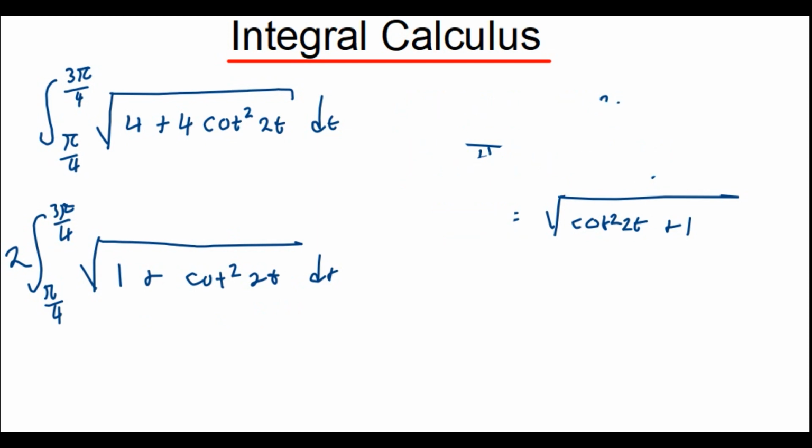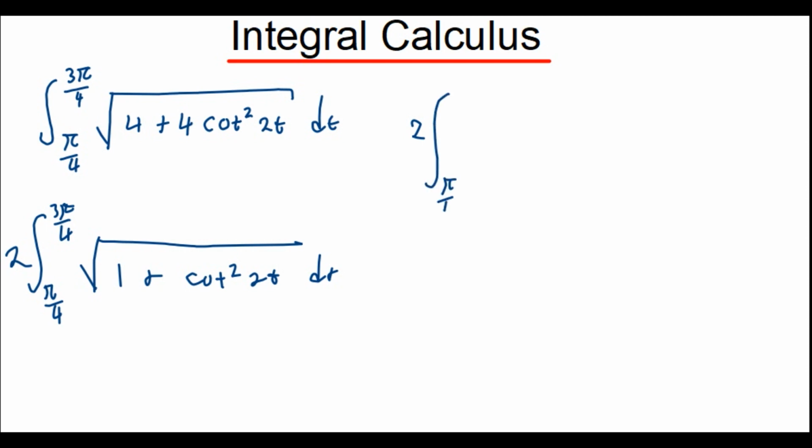Okay, so here is how it's going to unfold. This will still be 2, then you're evaluating from pi over 4 to 3 pi over 4. Then that will turn out to be cosec 2t dt. You can actually check the table of integrals to find out what that one is going to be.